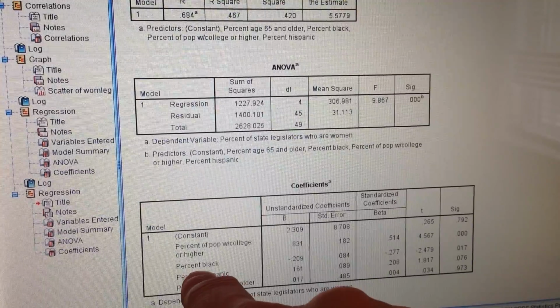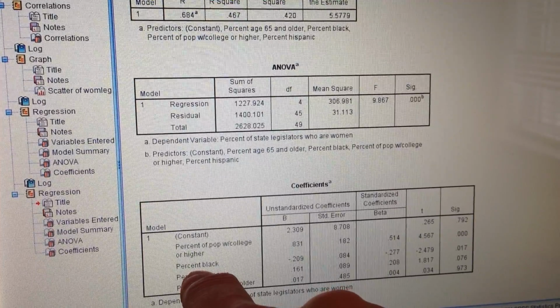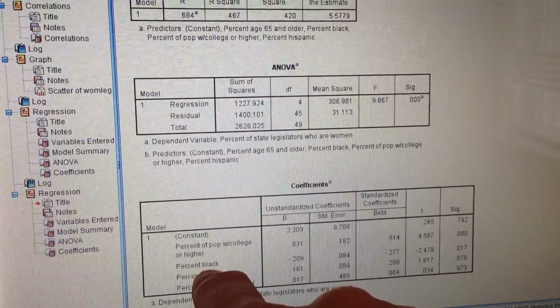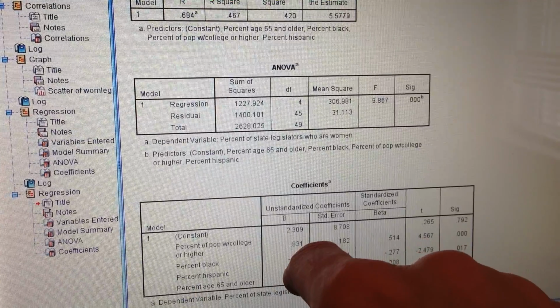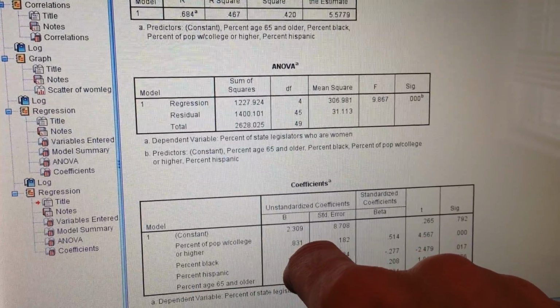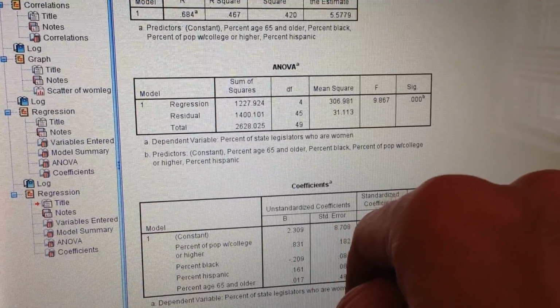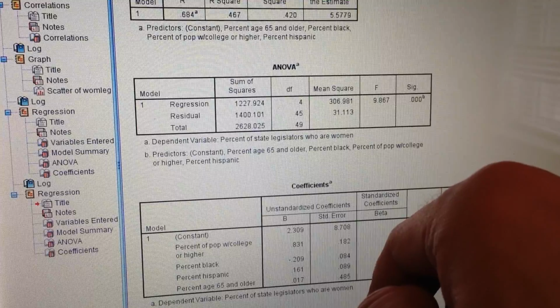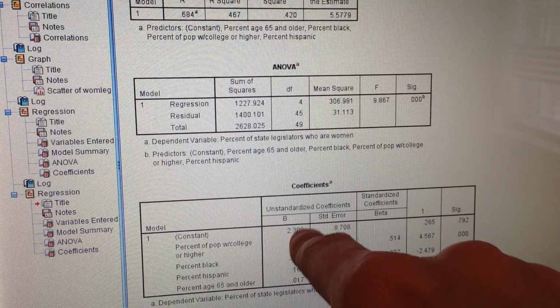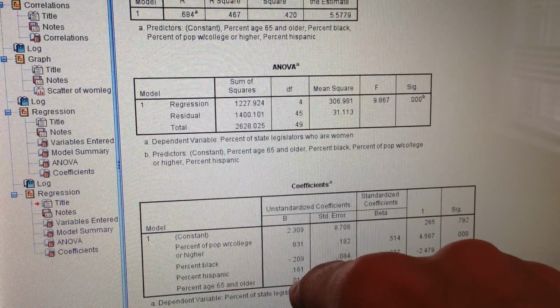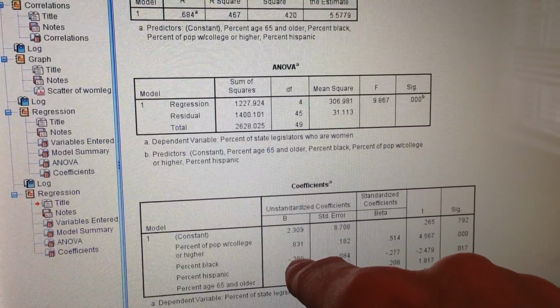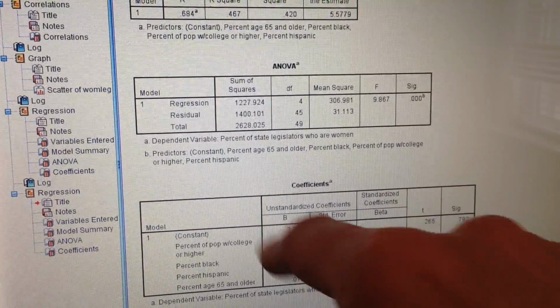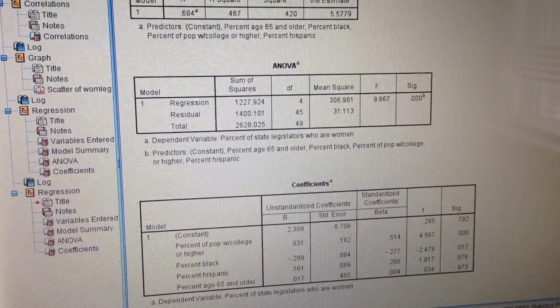An increase of 1 percentage in a state's population that is Black is associated with a 0.209 decrease in the number of female legislators. All right? In other words, this gives you the independent effect of each of the independent variables on the dependent variable when all the rest of the independent variables are controlled.